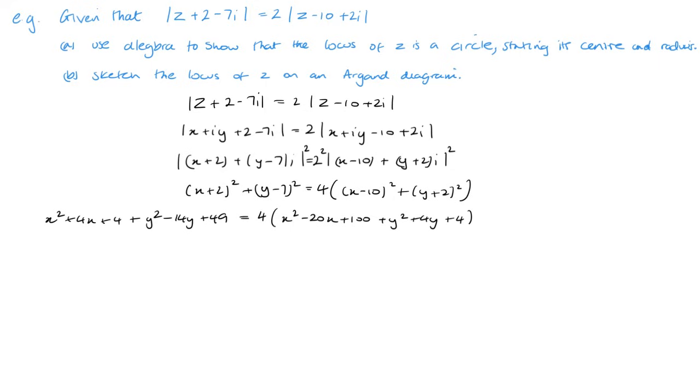Oh, I didn't need to start so far to the left after all. So that's 4x squared minus 80x plus 400 plus 4y squared plus 16y plus 16.